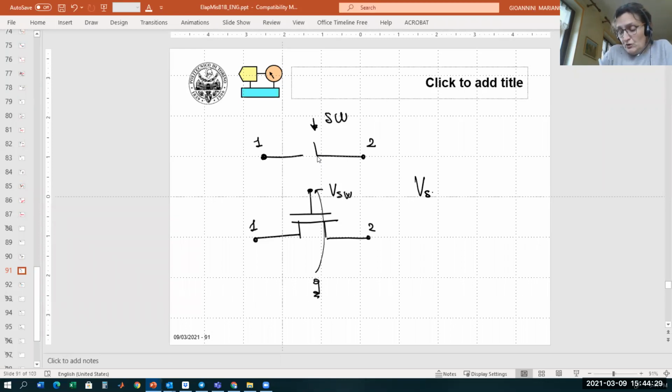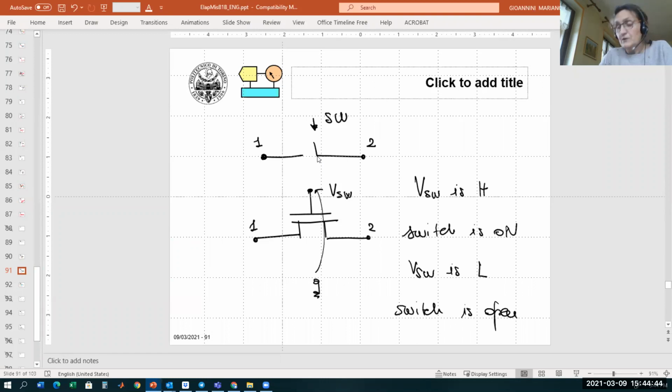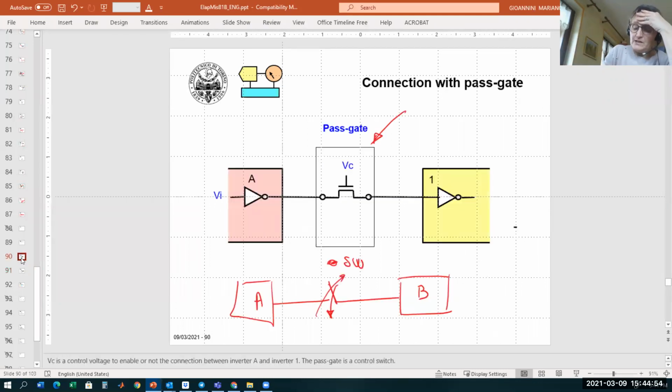When this switch control voltage is high, the switch is on, so it's closed. When the control voltage is low, the switch is open. So via the voltage you apply to the gate of this transistor, you open and close the switch. The transistor used in this way is defined as a pass gate transistor. So we can use a pass gate transistor to connect two gates together.